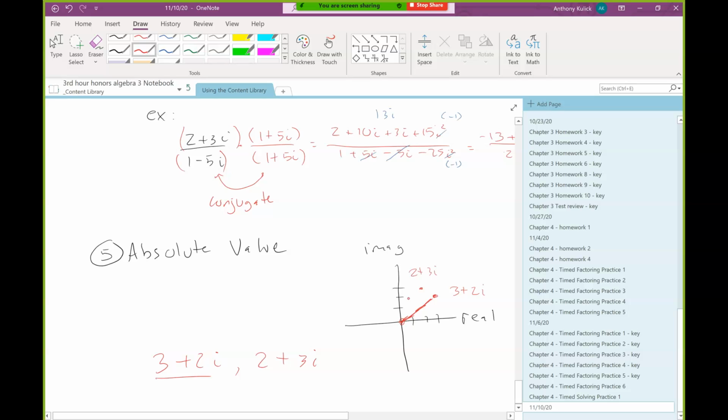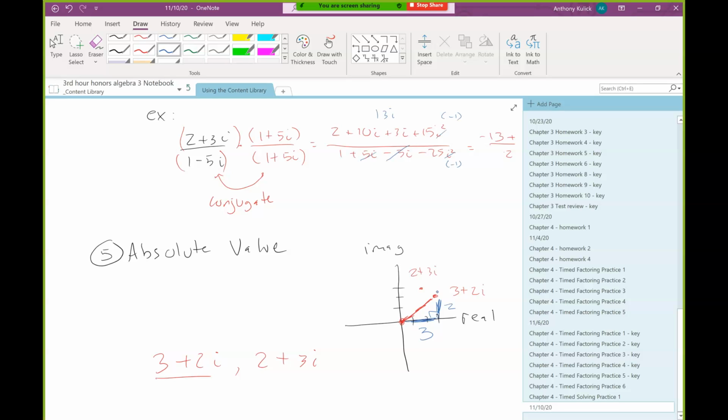I went 3 to the right and 2 up. So how do I find that third side? Geometry. Starts with a P. So one thing from geometry you should never forget.